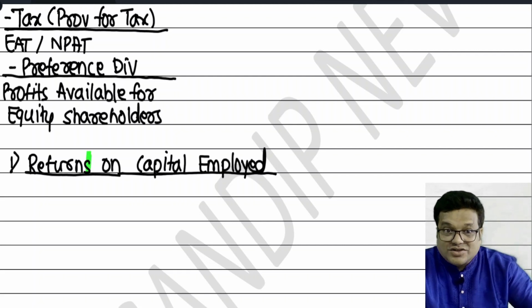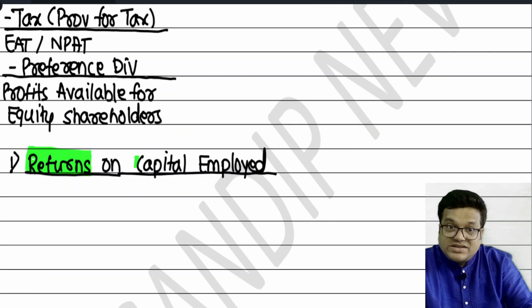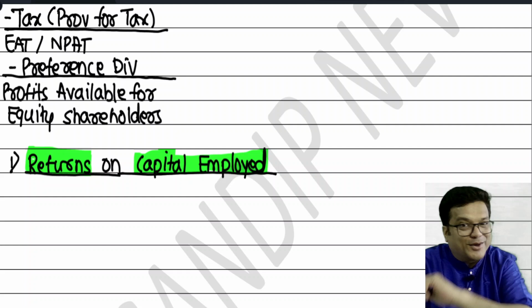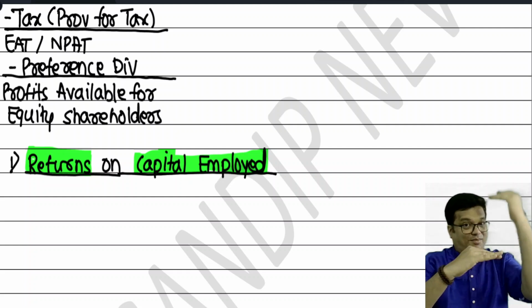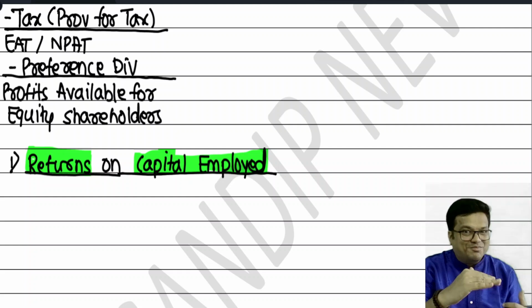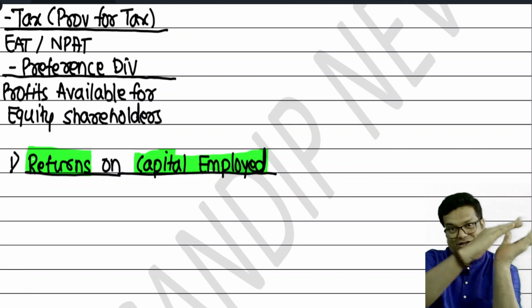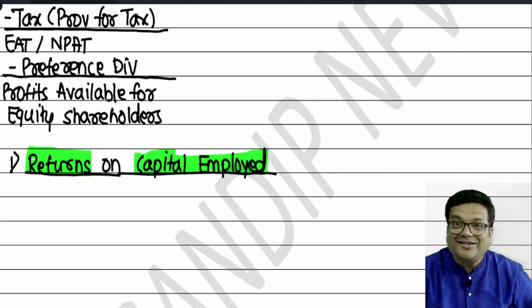So what is the first word, guys? Returns. Okay. What is the second word? Capital employed. By now, all my smart students must have understood what I am going to do. Correct? Returns above, capital employed below. The first word in the numerator, the second word in the denominator.